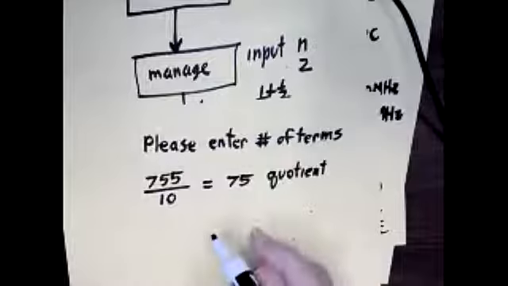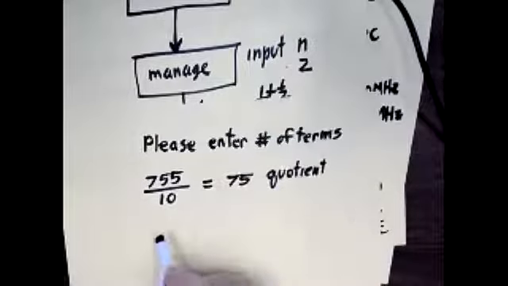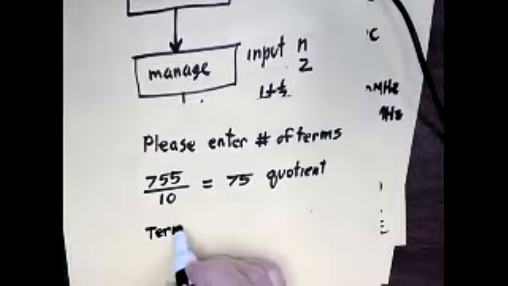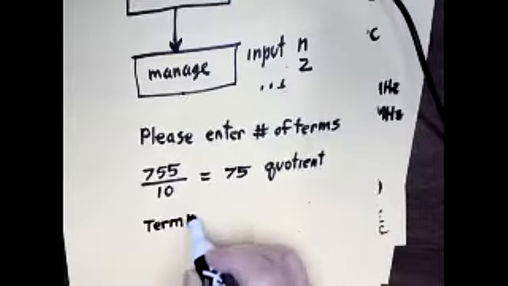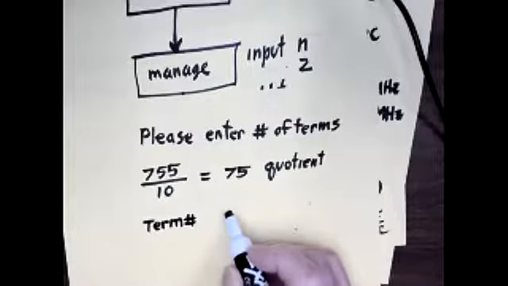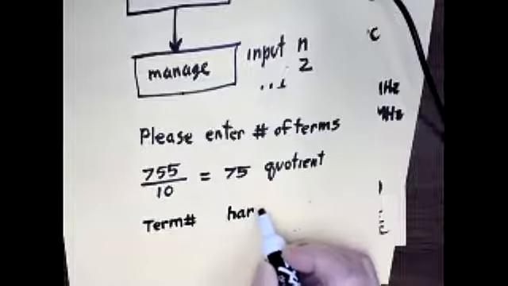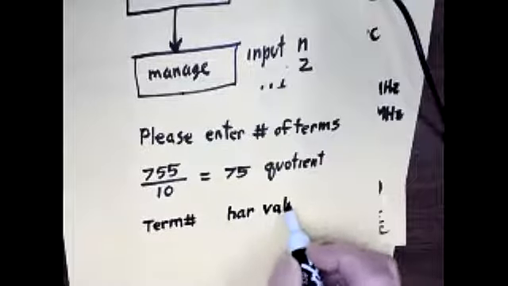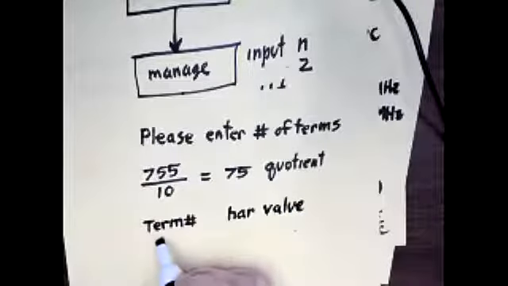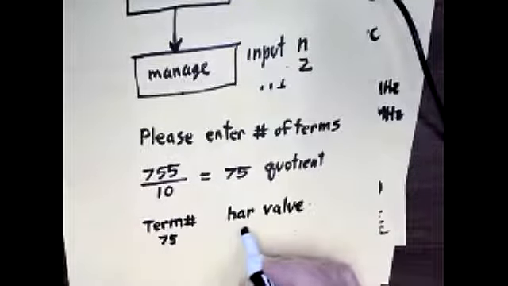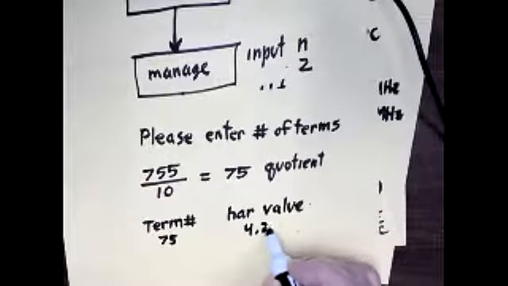And so after term number 75, I'm going to make a table here. Term number and harm value. Then you get one line of output. It says 75, and the harmonic value is 4.27630.